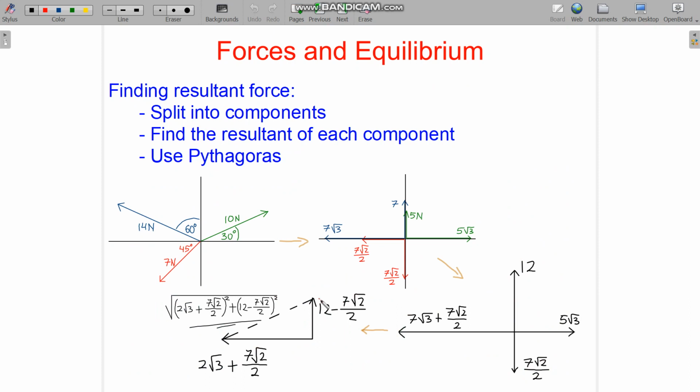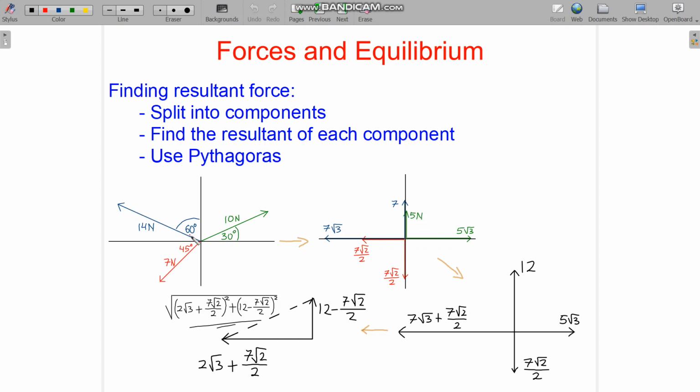Finding resultant force: split into components, find the resultant of each component, and use Pythagoras. For example, a 10 newton force at 30 degrees to horizontal, a 14 newton force at 60 degrees to vertical, and a 7 newton force at 45 degrees to horizontal. We can split the 10 newton force into 5 root 3 and 5, because this is 10 cos 30 degrees, and this 5 is from 10 sine 30 degrees.